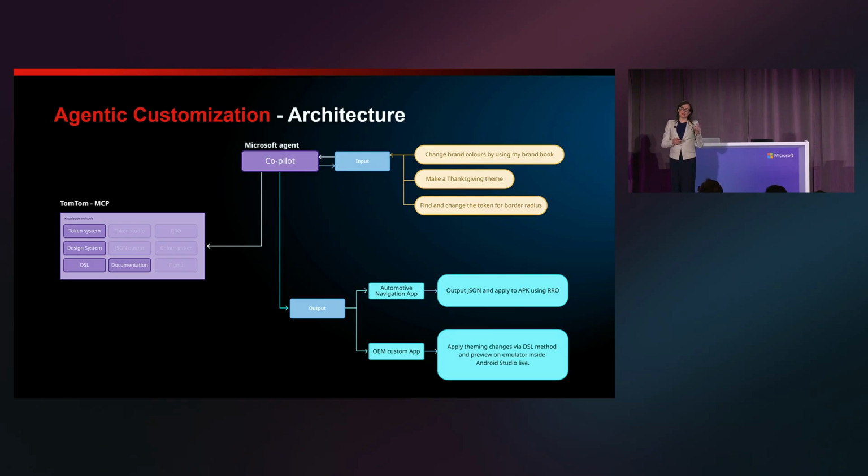That speaks to the GitHub Copilot, and then the developer or designer gives the input, change the border radius, make me a Thanksgiving theme, and so on. And then the output is an RRO in our off-the-shelf automotive application app, or it can go directly into the custom OEM app if that's what they're developing.